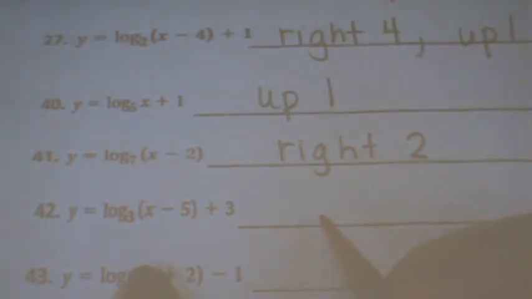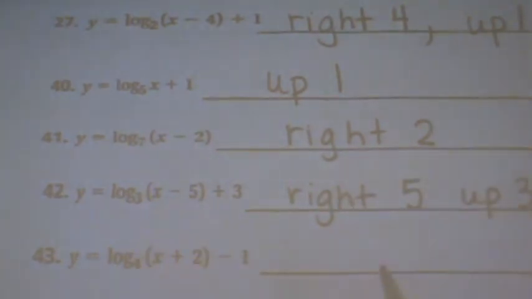How about 40? Up 1. 41. Right 2. 42. Right 5 and up 3. How about 43? Left 2, down 1.